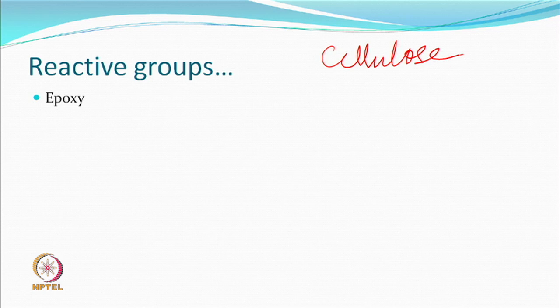Epoxy groups, you must have seen a product called araldite, right. They are epoxy based resins, they can cross link, they can make hard things also, but if you ensure that reactions are limited and not in a 3-dimensional network, you will get flexible things also.